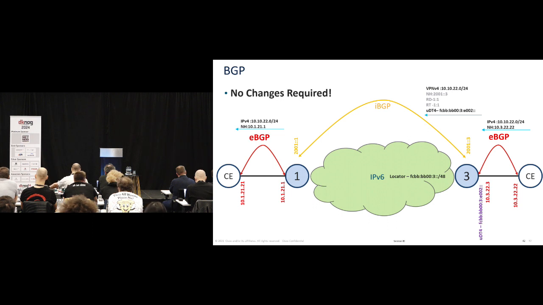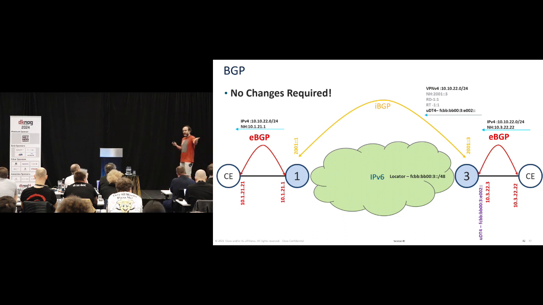Then all the prefixes in that particular VRF need to be advertised over the SRv6 network towards the ingress PE. And this is advertised over a known address family. This is the VPN v4 address family. That VPN v4 address family we are still using exactly the same way, right?